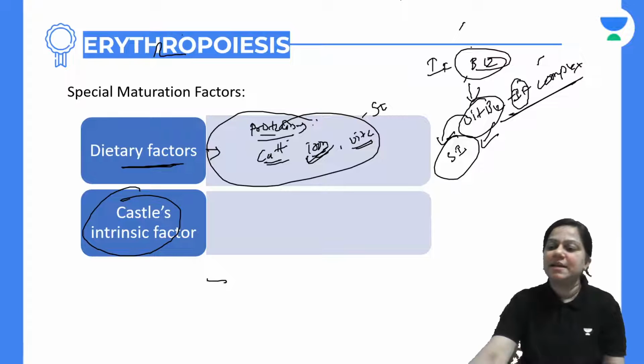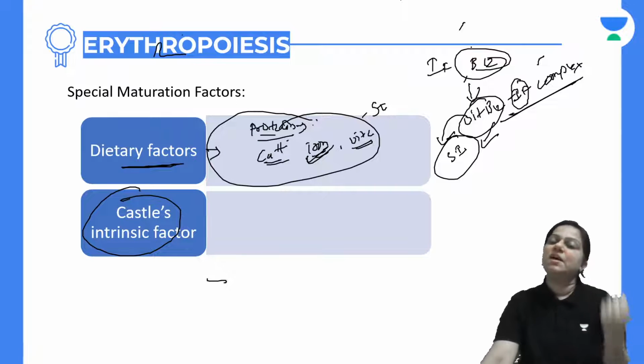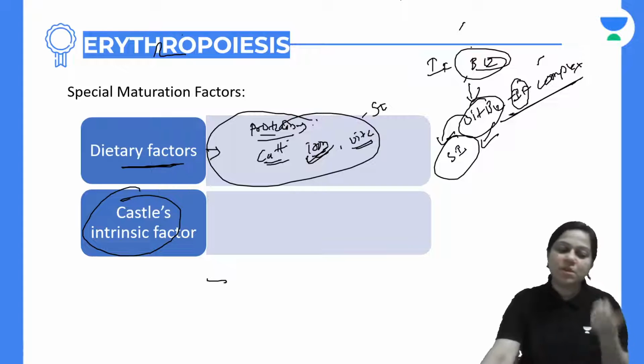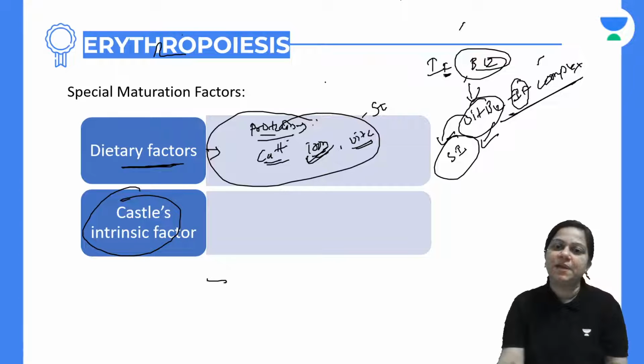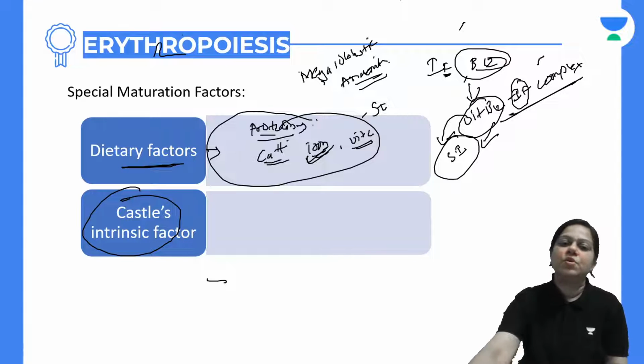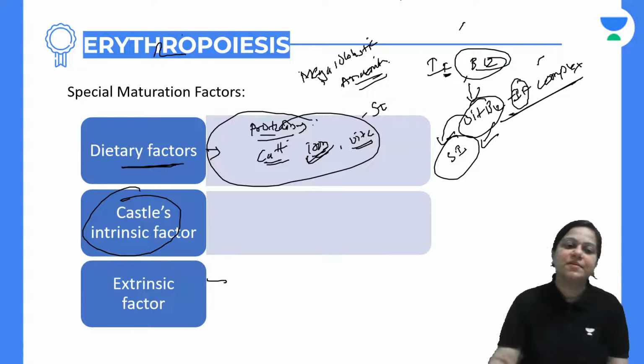If Castle's intrinsic factor is not there, vitamin B12 absorption will not occur, so the person will suffer from anemia called megaloblastic anemia.